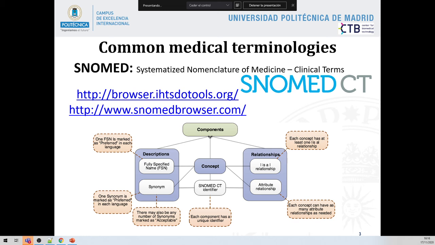It's considered to be the most comprehensive terminology in the world because it has representations in different languages. So, for example, in Spain, the doctors write the clinical notes in Spanish, and we can represent the knowledge in those notes by the concepts in SNOMED CT.